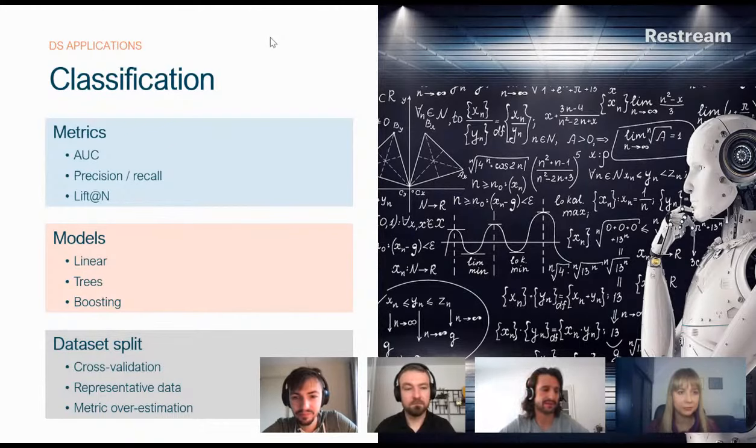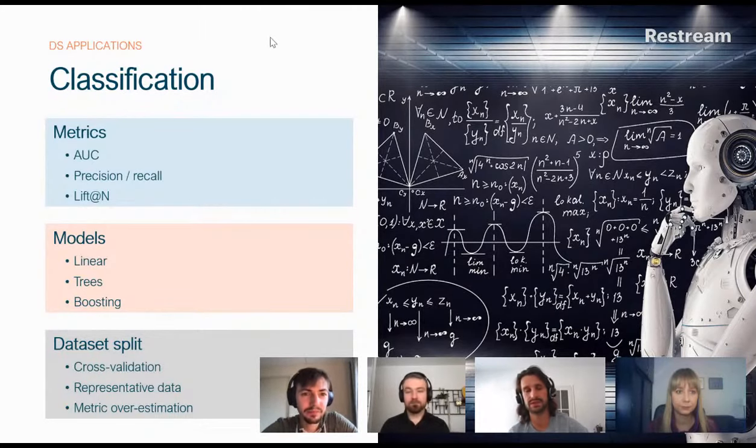Yeah, so this metric is often used in tasks where you need to promote something. So, for example, if you have 100,000 customers, but you want to send some specific email to only a small chunk of them, and you want to pick the top 1,000 customers who will react to your message in the best way.